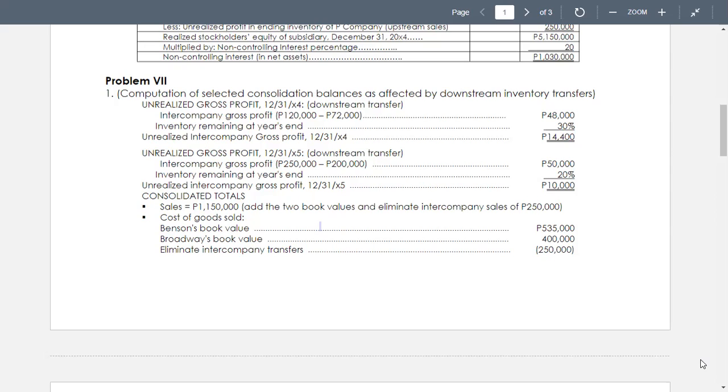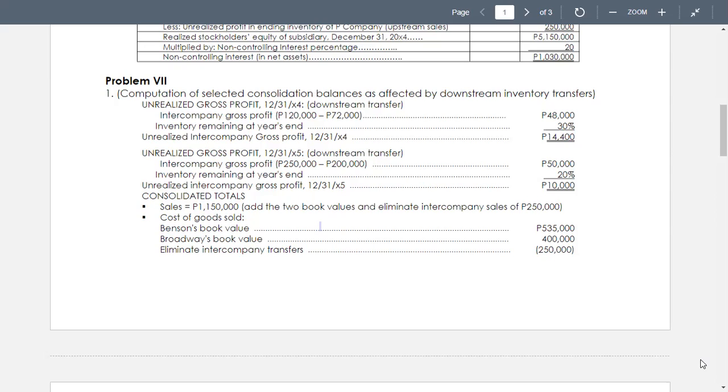Now we have to eliminate 250,000 because that is the sales of inventory affected by the downstream sale pertaining to the ending inventory.